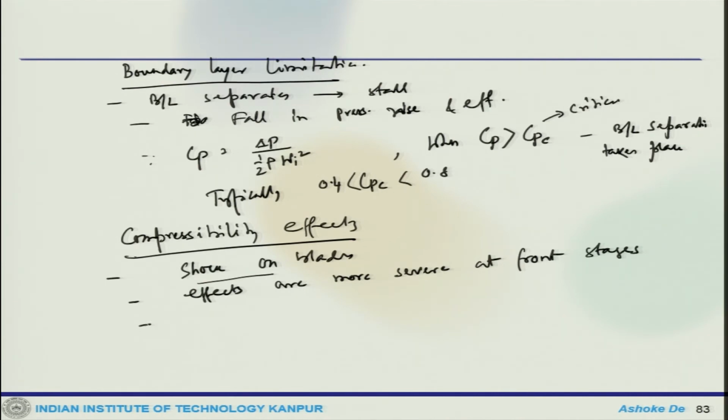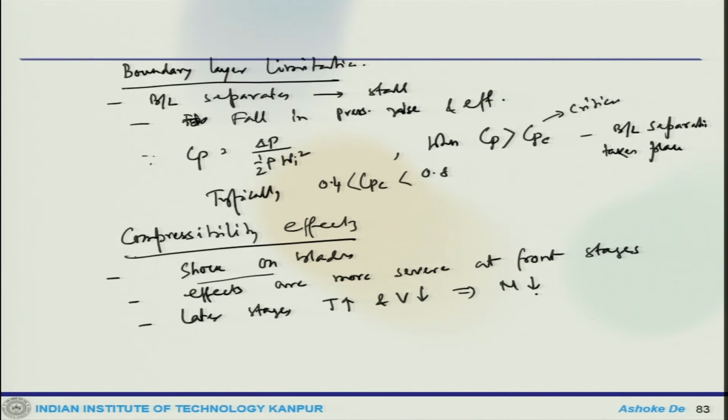In later stages, what happens is the temperature goes up and velocity goes down, which means the Mach number also goes down and compressibility effects become insignificant. So, obviously, there is always a limit to the speed of an aircraft due to compressibility effects.